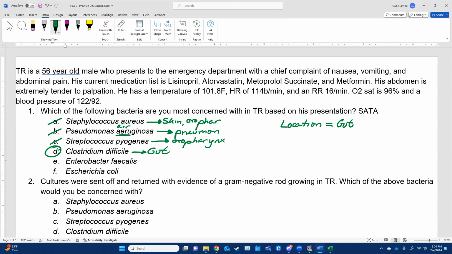Could it be Enterococcus faecalis? Yeah, 100%. And then how about E. coli, Escherichia? Yeah, all three of these.